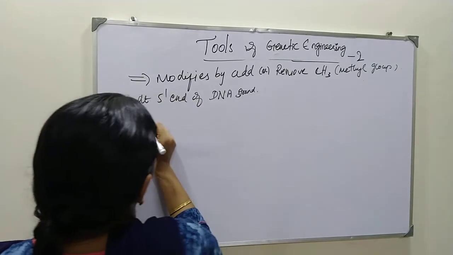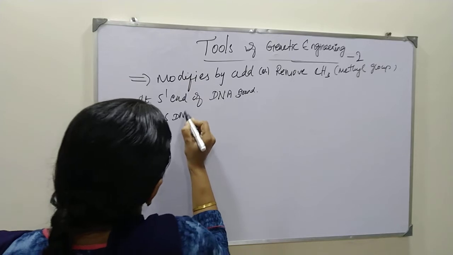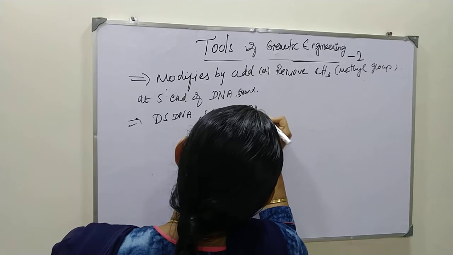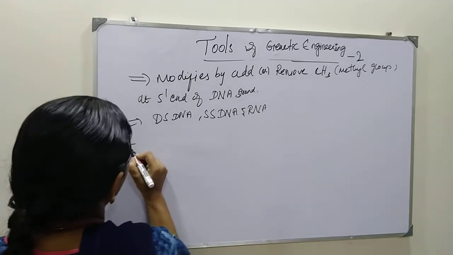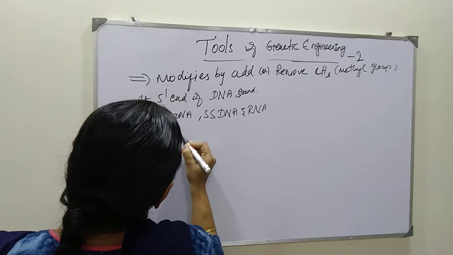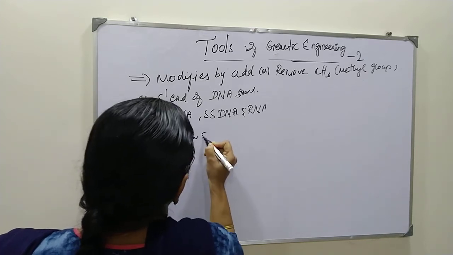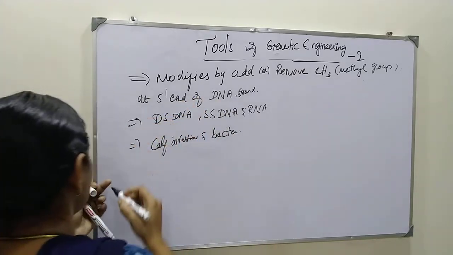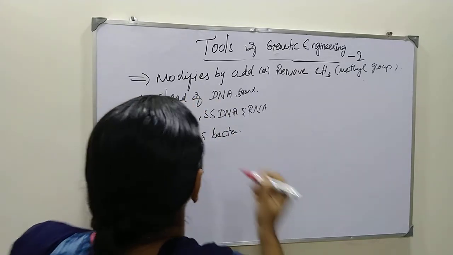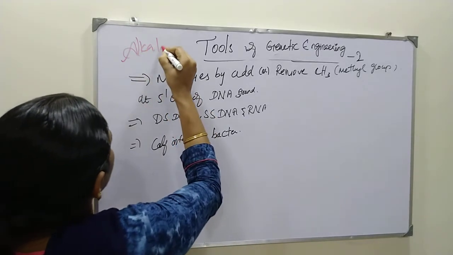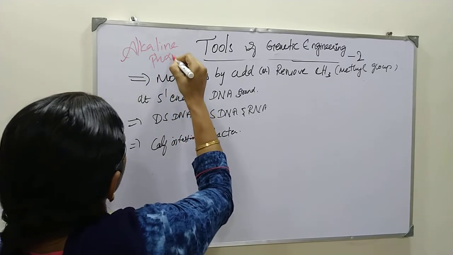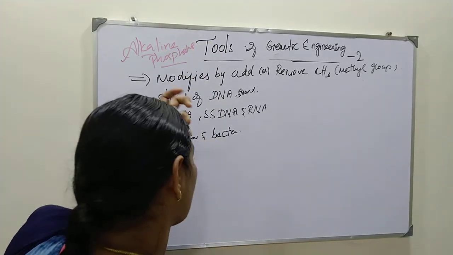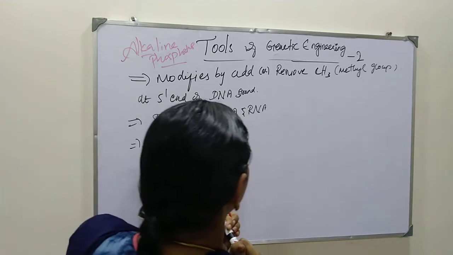We can use it for double stranded DNA, single stranded DNA, and also for RNA. It is taken from calf intestine and bacteria. We can isolate this alkaline phosphatase. So this alkaline phosphatase example I am drawing here.